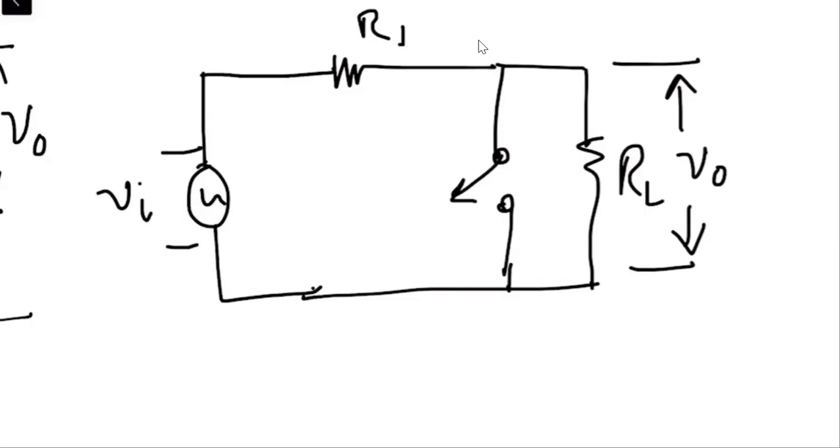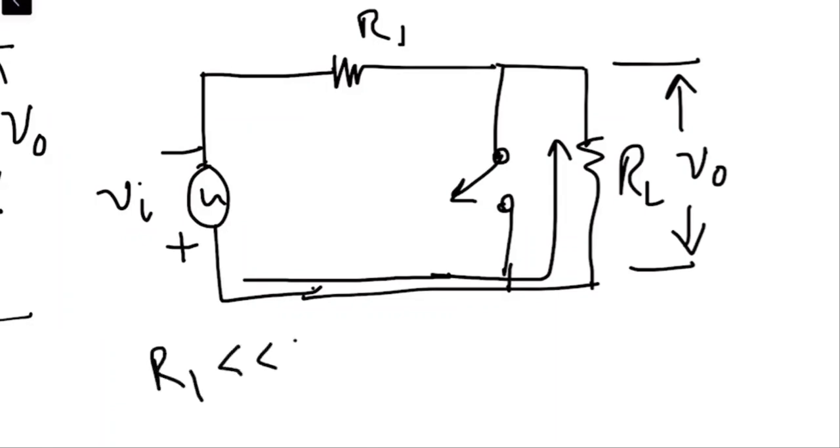So this end is negative, this end is positive, right? And when this is the condition, the current will flow in this direction. Because the diode is an open switch, the current will be flowing through this portion, right? And whatever input we are applying over here, if we consider R1 very, very small compared to RL, the output V naught in that specific case will be equal to Vi.